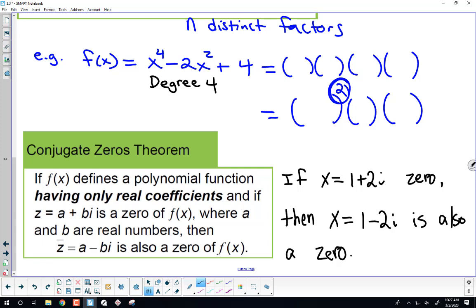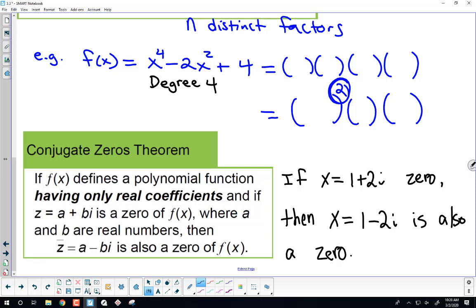But if at any point you're looking at some quadratic in your work and you don't know how to factor it, you use the quadratic formula to solve, and that's when you would come up with those two imaginary solutions. I hope that makes sense. Again, we've seen a lot of this before, we just haven't put it all together.